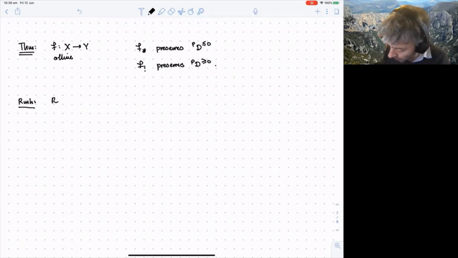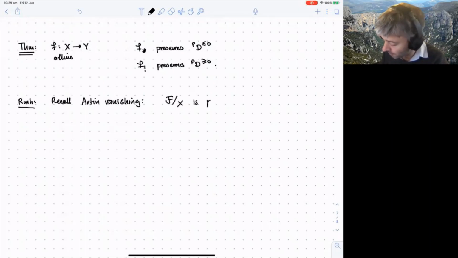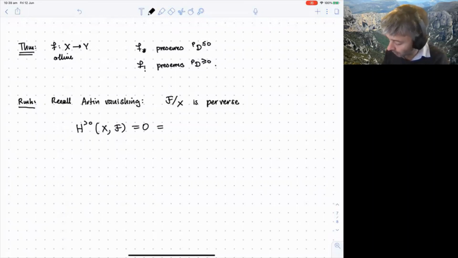So recall Artin vanishing. This was promised at the very beginning of the lecture, which says that if f on x is perverse, then the cohomology of x with coefficients in f is 0 above degree 0.